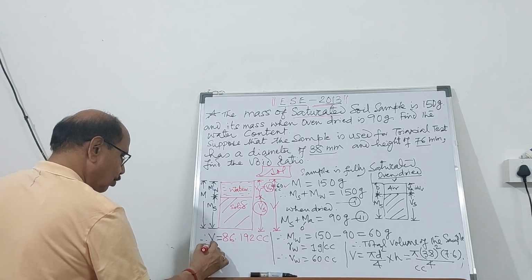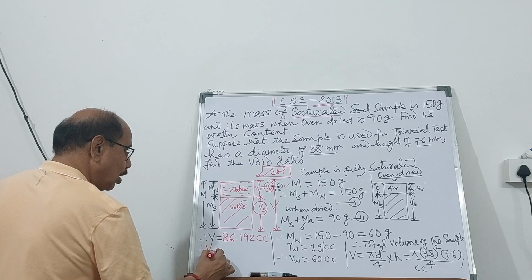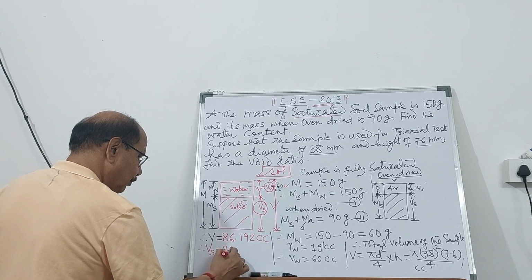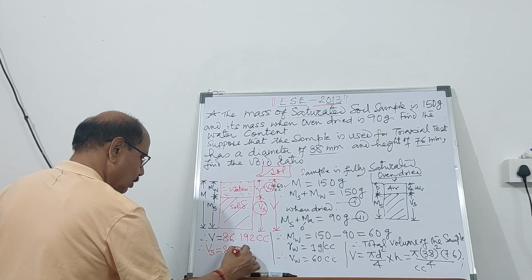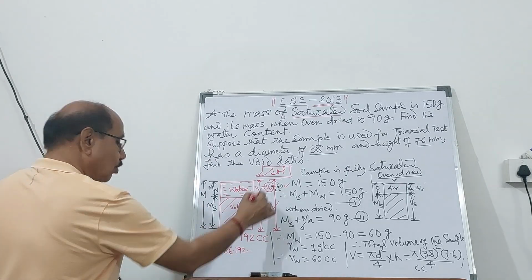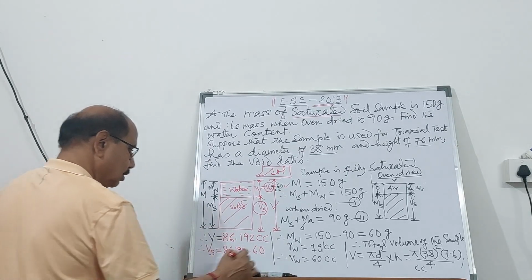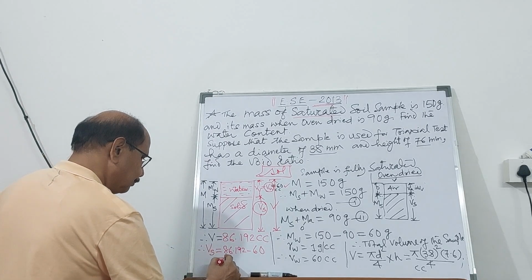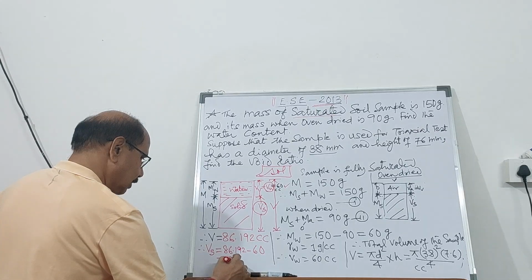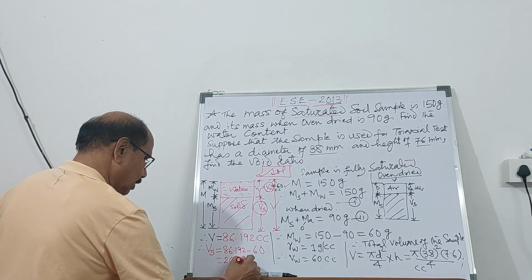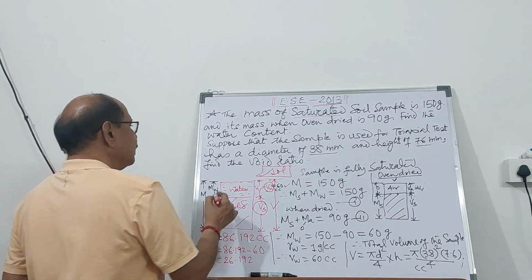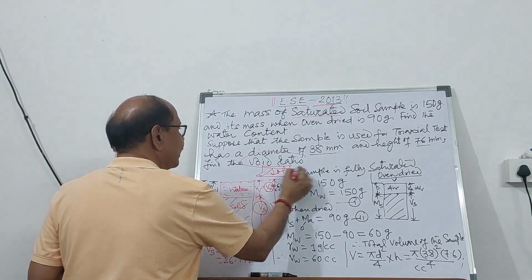Therefore, volume of soil solids will be total volume minus volume of water. So this is simply 26.192.